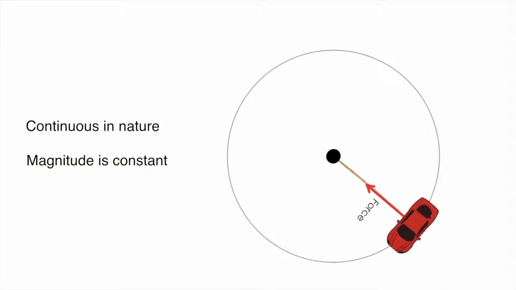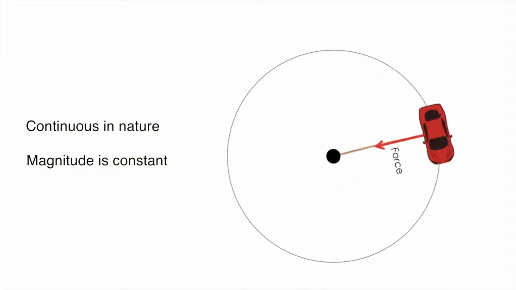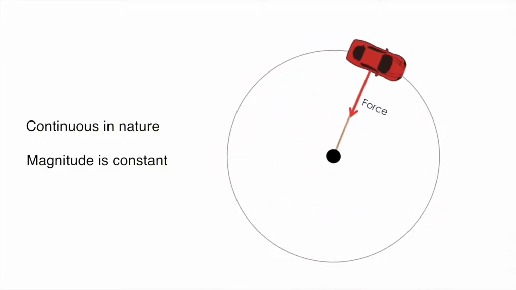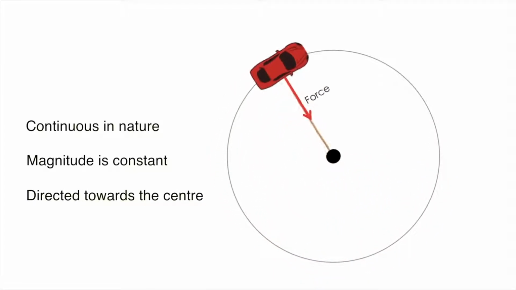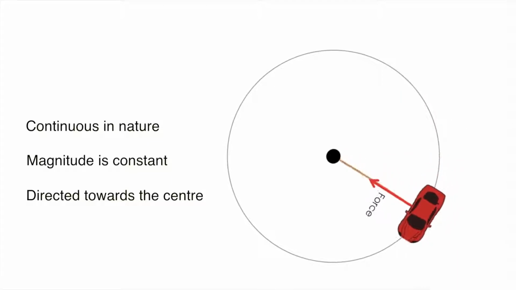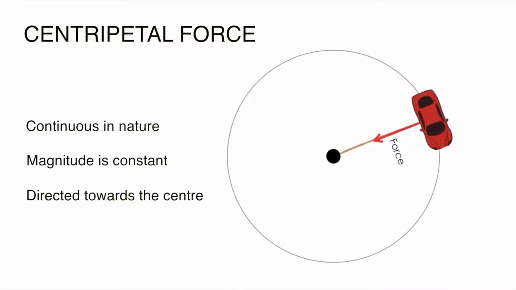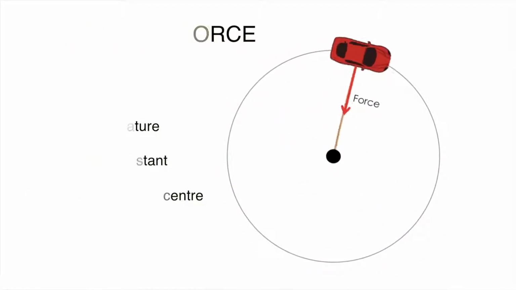And third, the direction of the force would be perpendicular to the direction of the car's motion, which means that the force would always be directed towards the center of the circular path, and hence this force is called centripetal force. In other words, it is a center-seeking force.